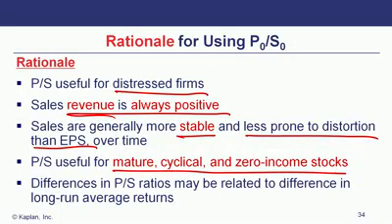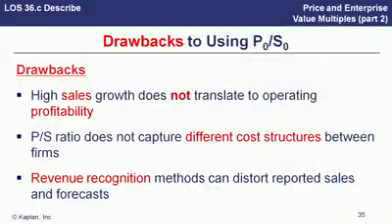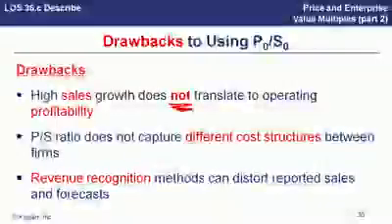Now, differences in price to sales ratios may be related to differences in long run average returns, but sometimes in the short term, a huge amount of growth in sales doesn't necessarily mean that you're going to have positive earnings. Now, drawbacks, like I said, high sales growth does not translate into operating profitability.